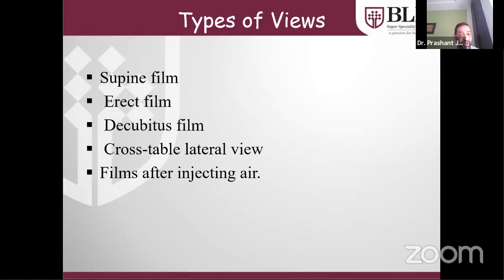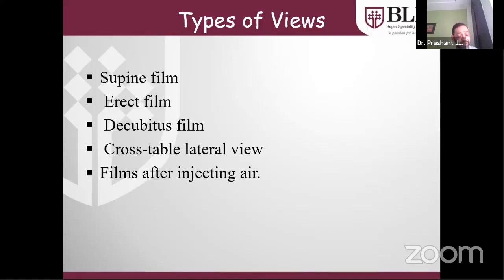A supine film can give you a lot of information, but it can miss the presence of pneumoperitoneum, and it can miss the presence of air fluid levels. Wherever possible, we can do an erect film. Otherwise, we can do a decubitus film, which can help us in diagnosing the pneumoperitoneum.